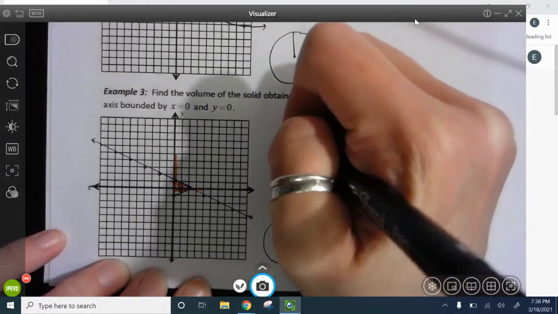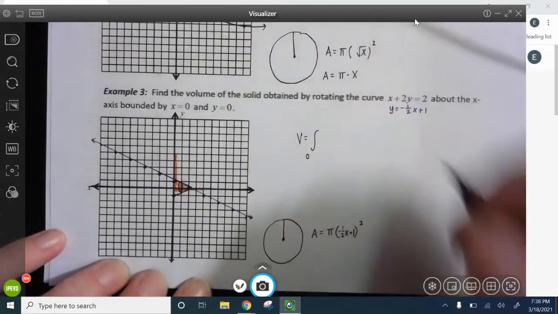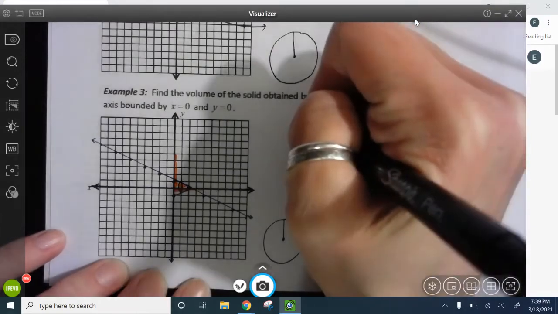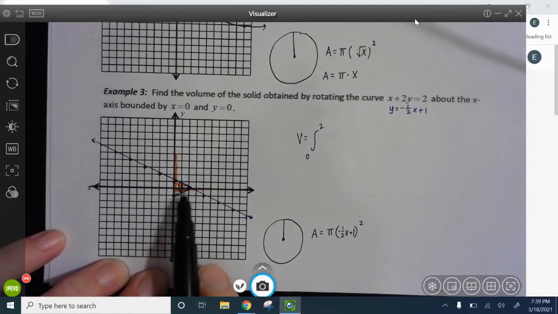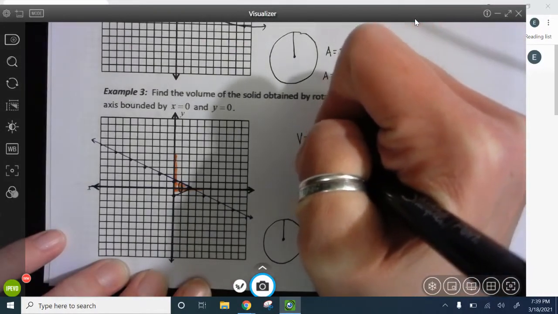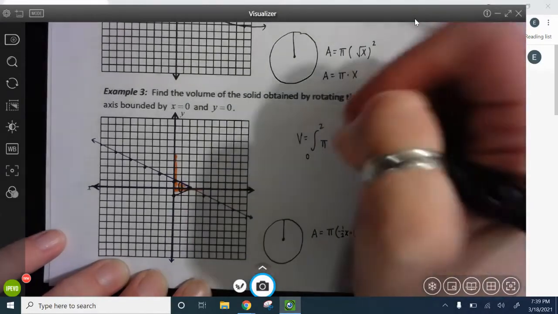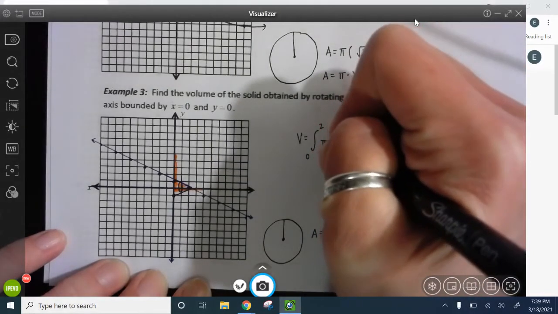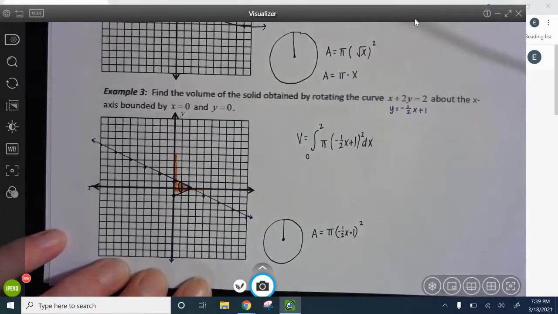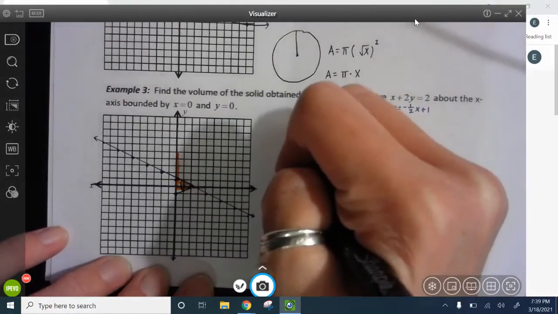So if I want to calculate what my volume is, I know I'm starting at the x value of 0. If I look to see what my x-intercept is over here, my x-intercept is going to be 2. So I'm looking at the x value of 0 to the x value of 2. And then I'm going to put in the area of my cross-section, pi r squared times delta x. We'll pull out that pi.